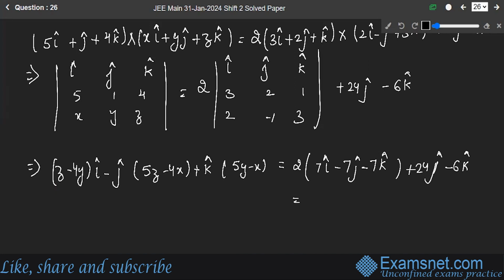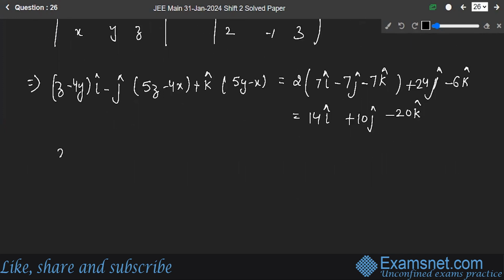So this is equal to, I'll not touch the LHS, 14i and 10j minus 20k. So equating, you will have z minus 4y is equal to 14, 5z minus 4x is equal to 10, and 5y minus x is equal to minus 20. These are the three equations.